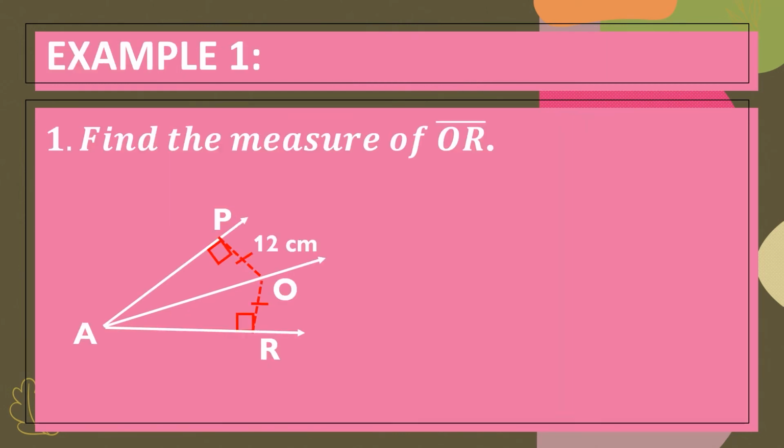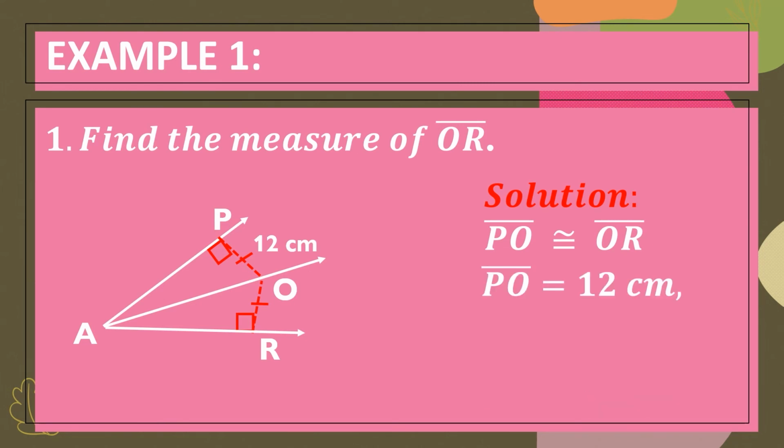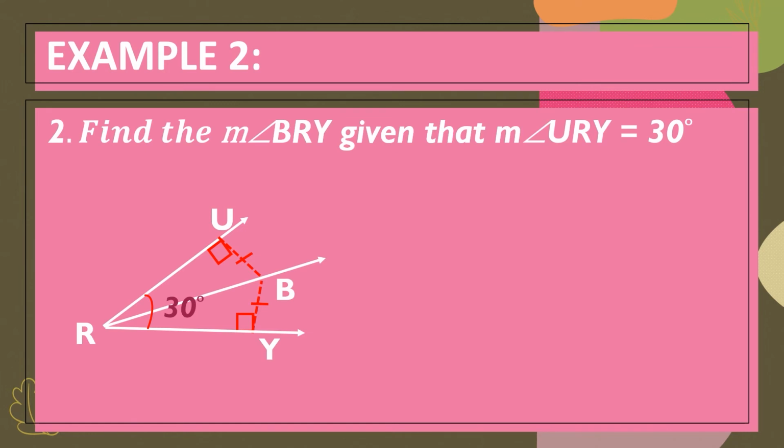For example number 1, find the measure of segment OR, if segment PO is equal to 12 centimeters. For the solution, we have segment PO is congruent to segment OR. Since segment PO is 12 centimeters, therefore, segment OR is also 12 centimeters. Example number 2.